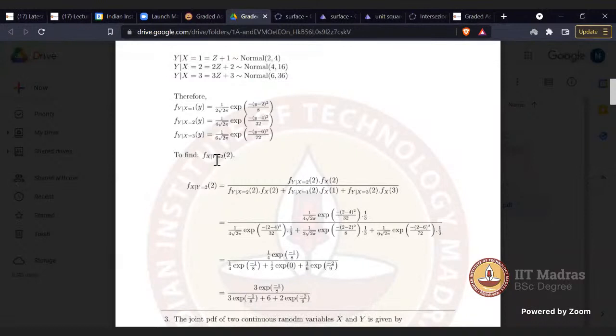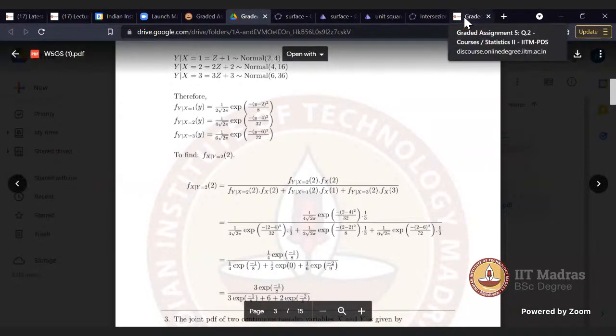How will you write f of x given y equals 2 of 2? Probability x equals 2, y equals 2, divided by probability y equals 2.